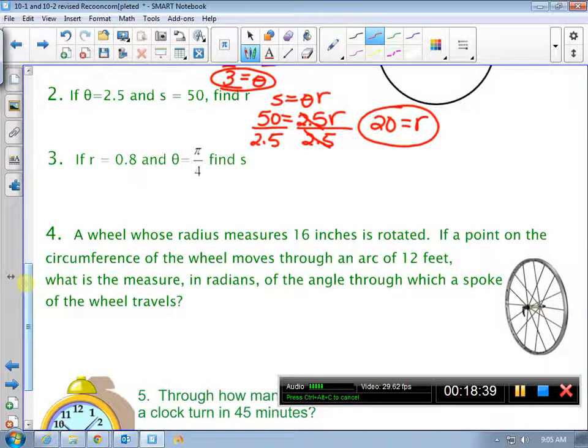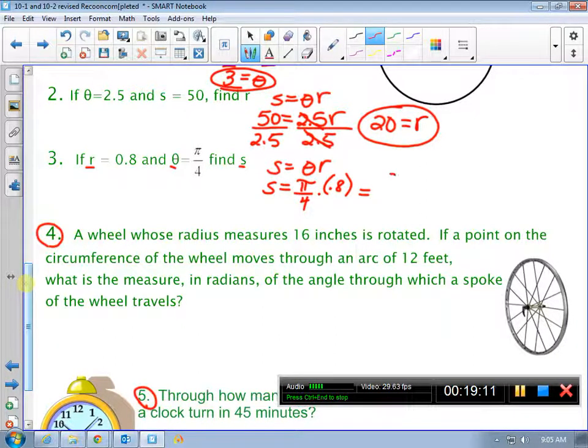These are pretty straightforward questions. So the word problems we'll want to spend a little more time on. If r equals 0.8 and theta is pi over 4, find s. Always write your formula. Put it on your formula page right now. S equals pi over 4 times 0.8. All right, we could do this a few different ways.